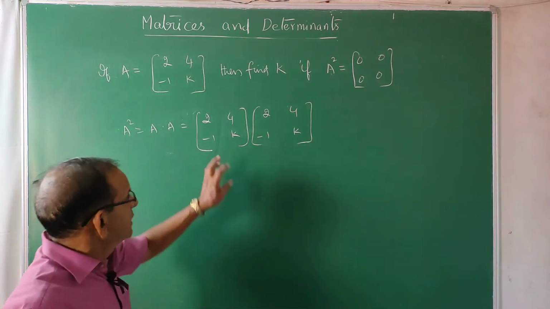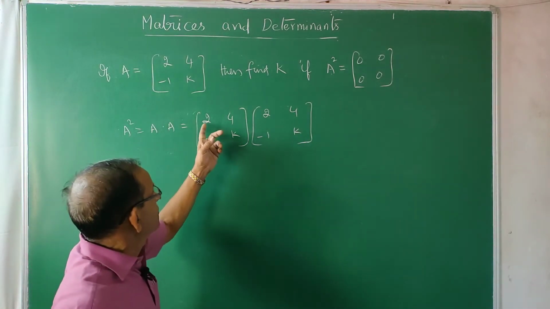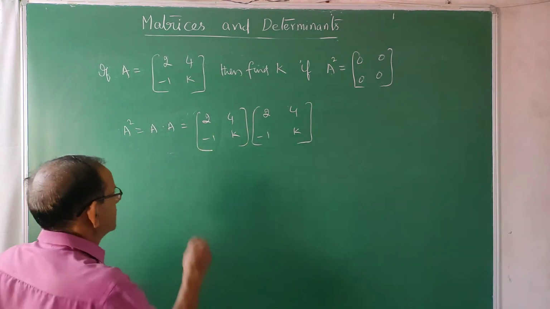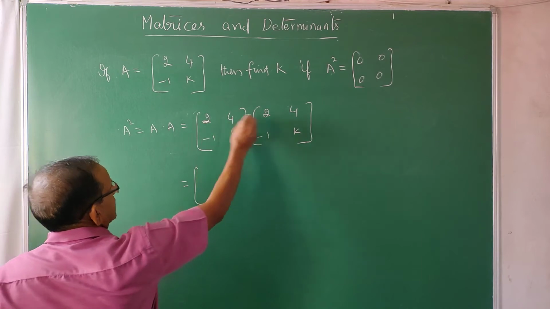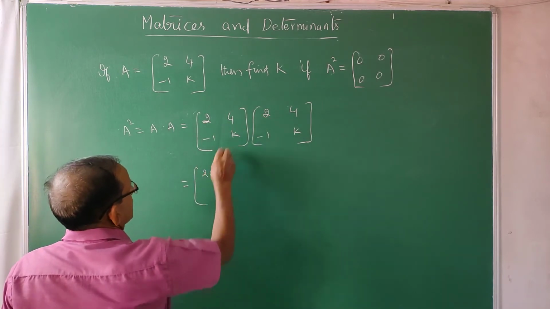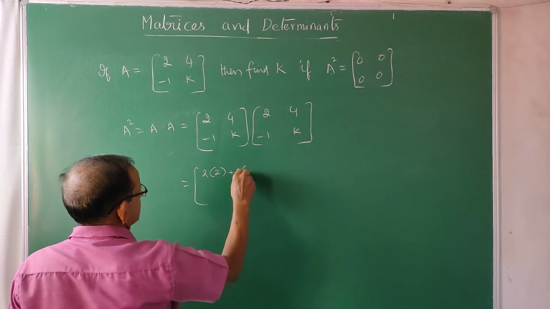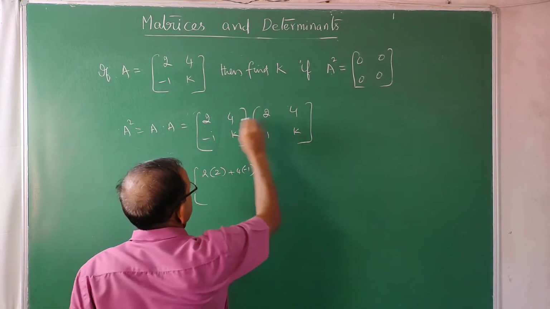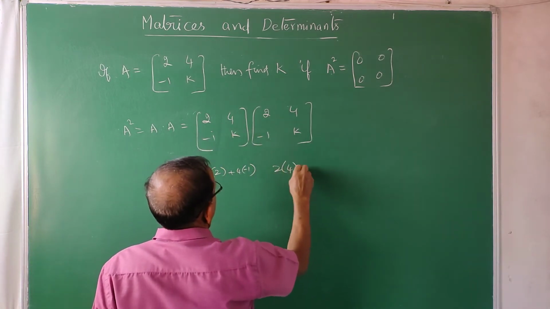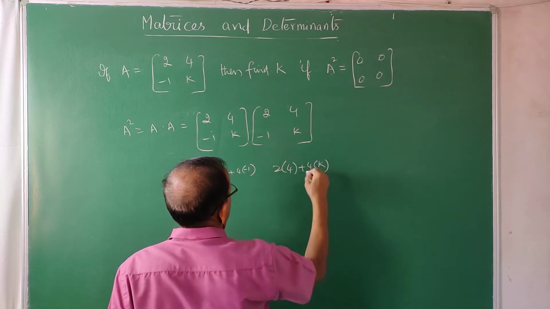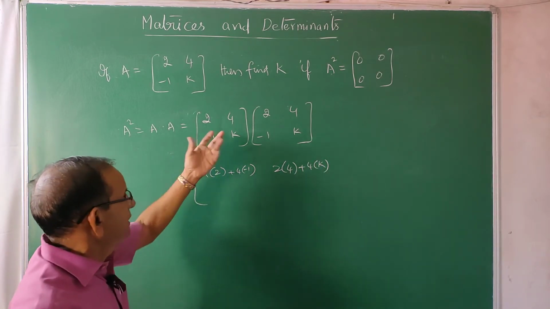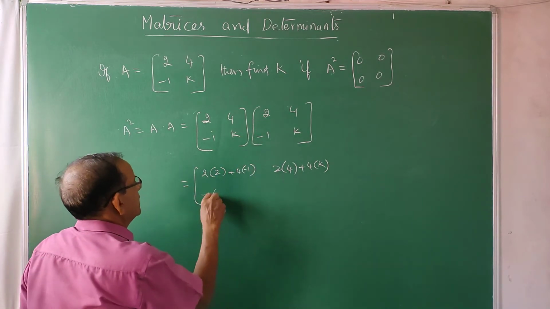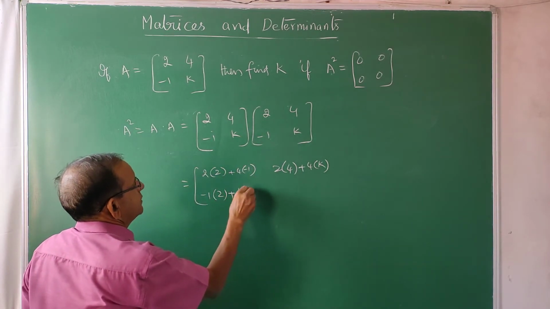Now we have to multiply these two matrices. How to multiply? Multiply this row with this column first: 2 into 2 plus 4 into minus 1. Now first row, second column: 2 into 4 plus 4 into k. First row multiplication is over. Next, second row with first column: minus 1 into 2 plus k into minus 1.